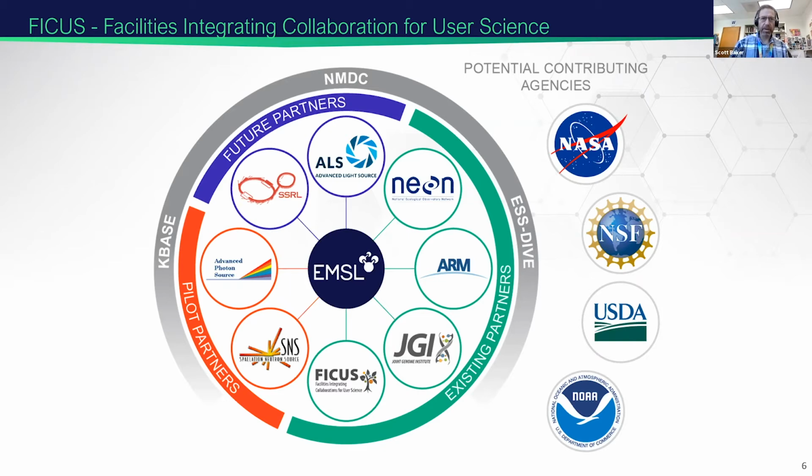KBase offers a variety of tools for looking at different types of data, including genomic sequencing and transcriptomic data. So not all of the data that you generate must be generated from a user facility. You can use some of these other resources as well.